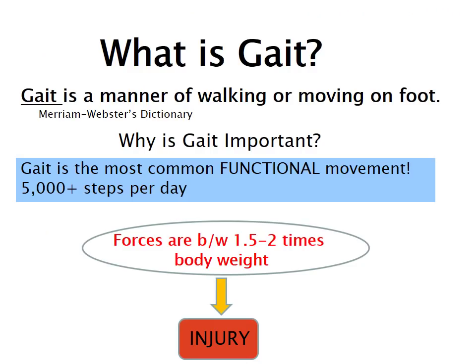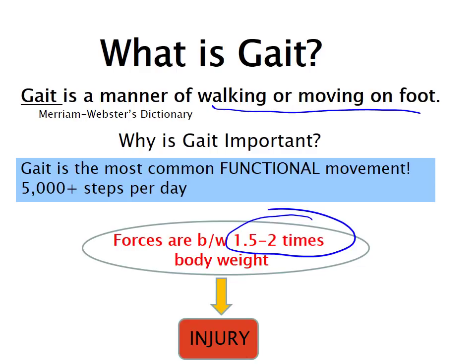So what is gait? So again, gait is a manner of walking or moving on foot. That's a simple definition, but why is gait so important? It's the most functional movement we engage in, and of course gets us from point A to point B, and we're constantly exerting 1.5 to 2 times our body weight with each step we take.